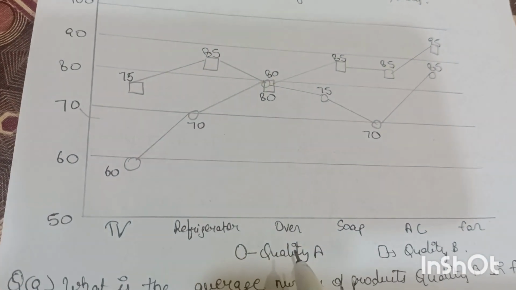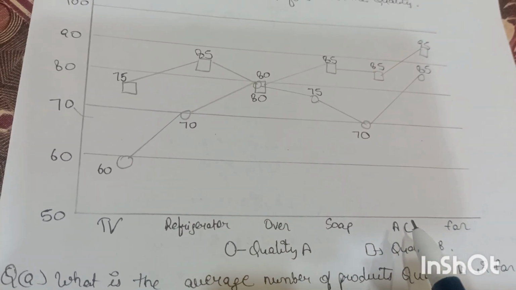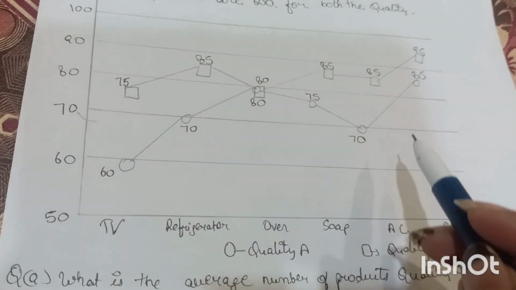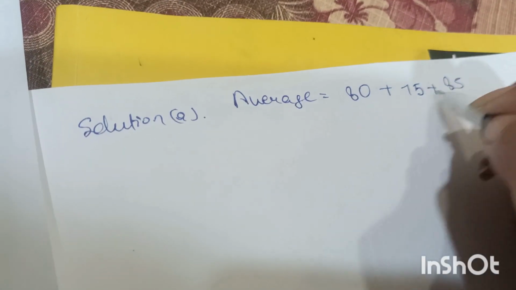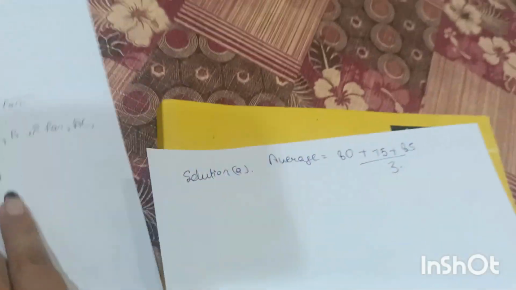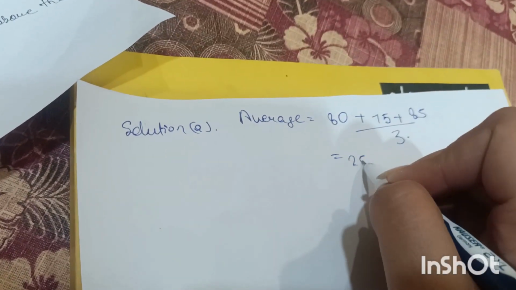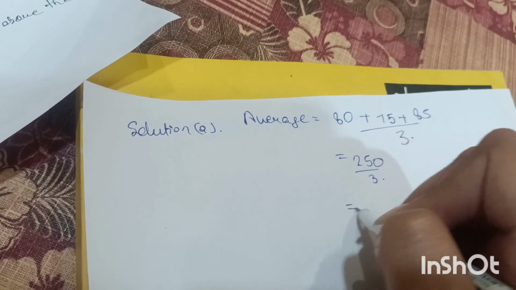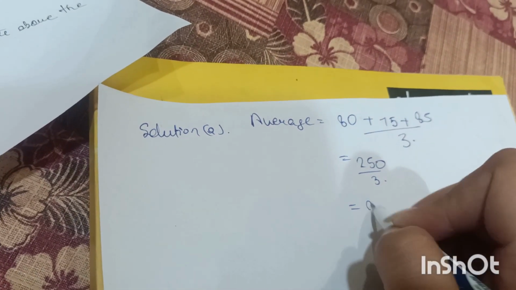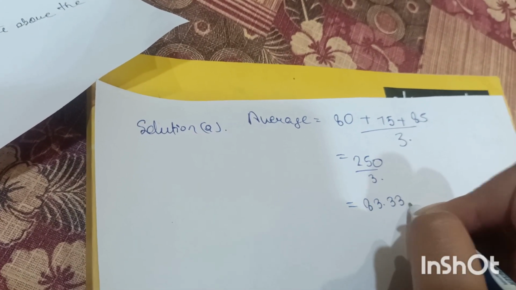For AC of quality A, we have been given the value as 85 upon 3 because we have been given the value of 3. Okay, so now if we'll add it, we'll get the value as 250 upon 3, and when we'll solve it out, we'll get the value as 83.33.